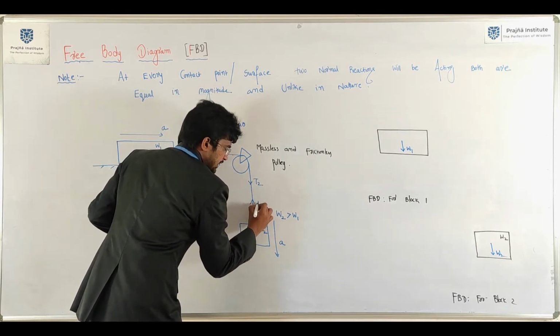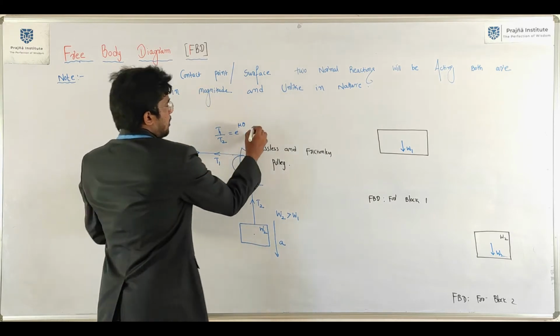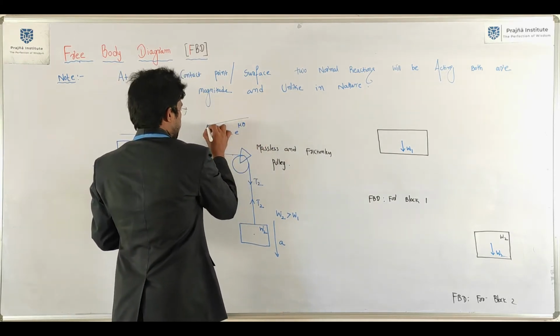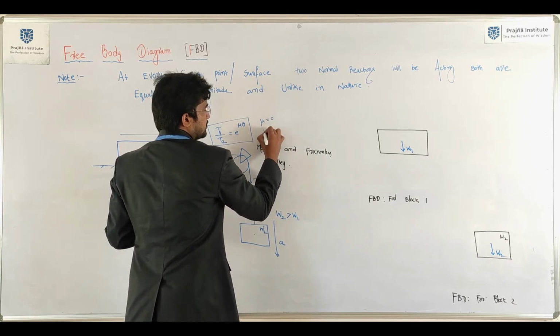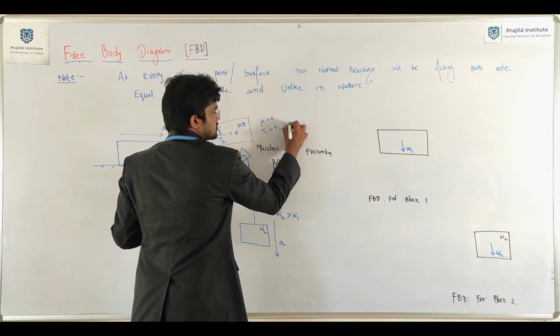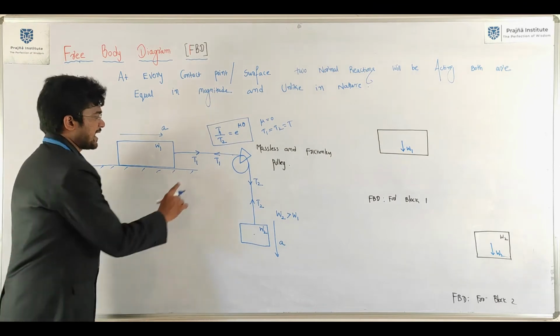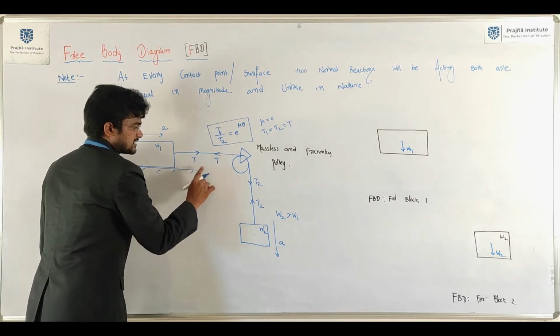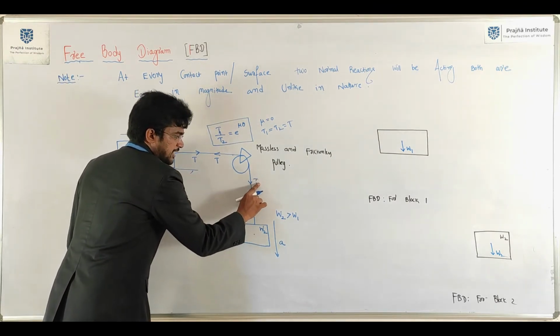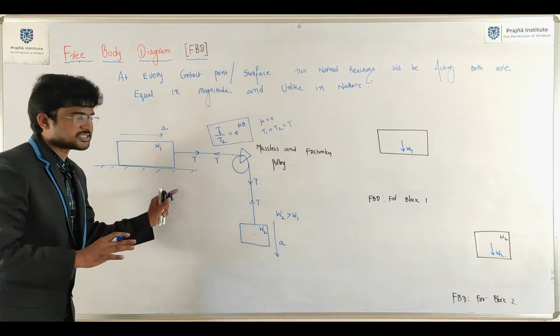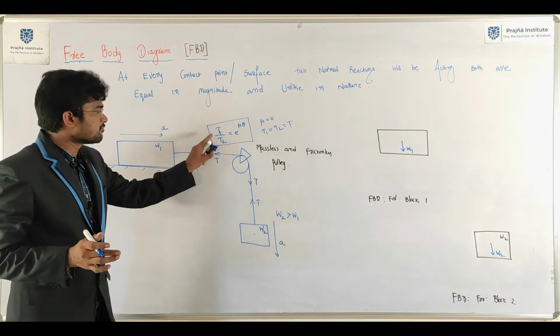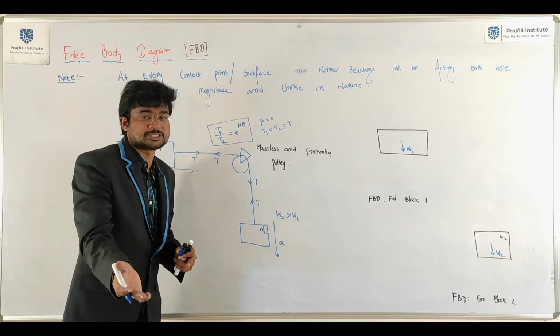Here mu equals 0, then T1 is equal to T2 is equal to T. Can I write all tensions are the same? Same string, same tension. No need to worry about this if the pulley is frictionless.